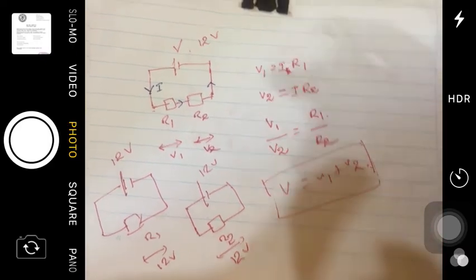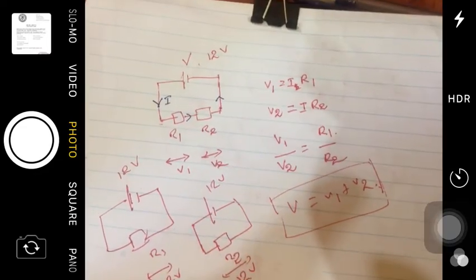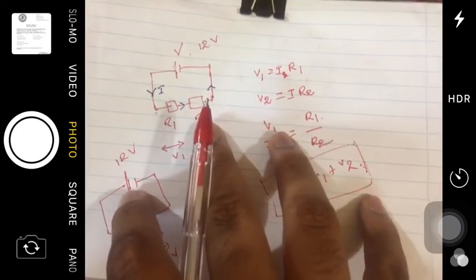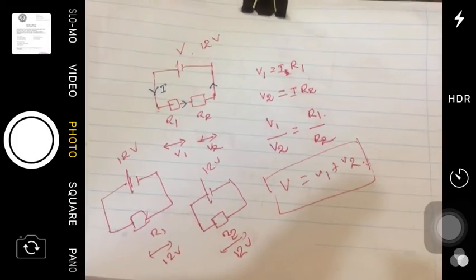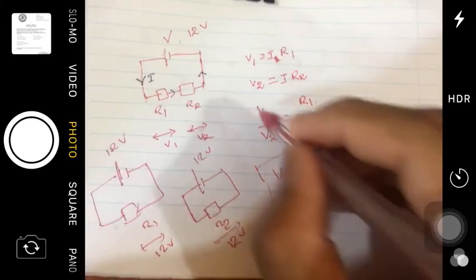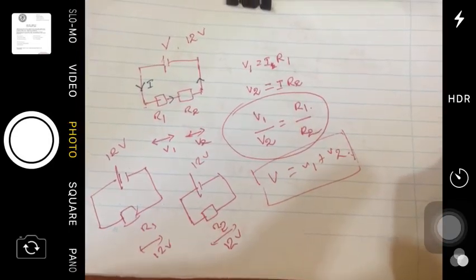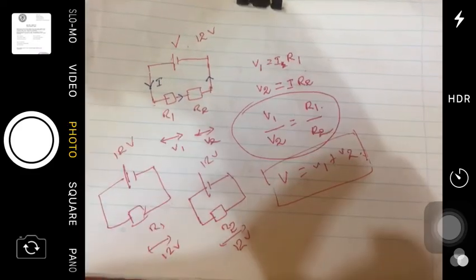So if you just want, let's say, half of 12 volts and you don't have a battery of 6 volts, then the only option that you have is to use a setup like this. So when these resistors are put in series together, they divide the available terminal potential in the same ratio as their resistances. Okay, so this is the fundamental idea of a potential divider.